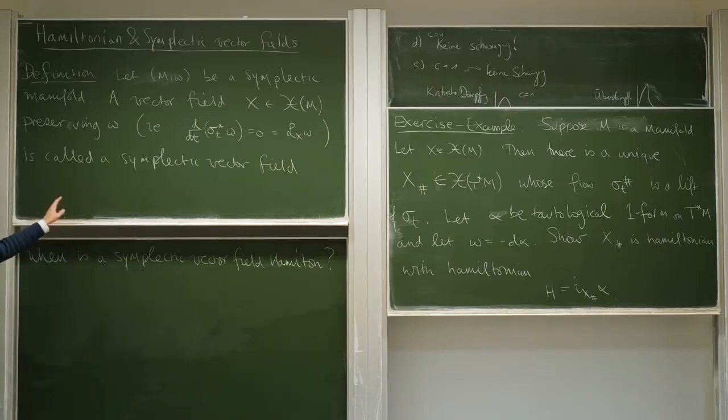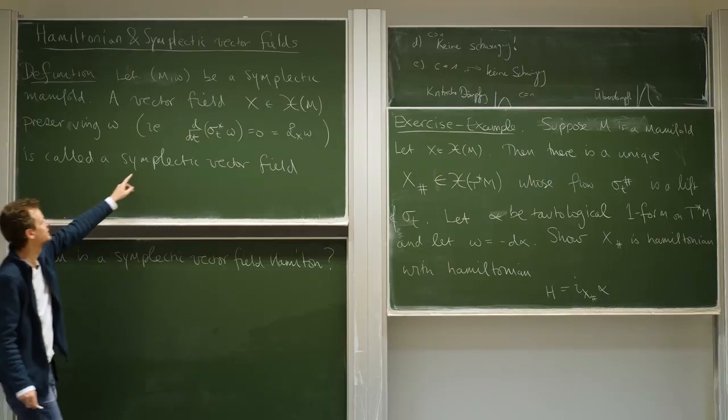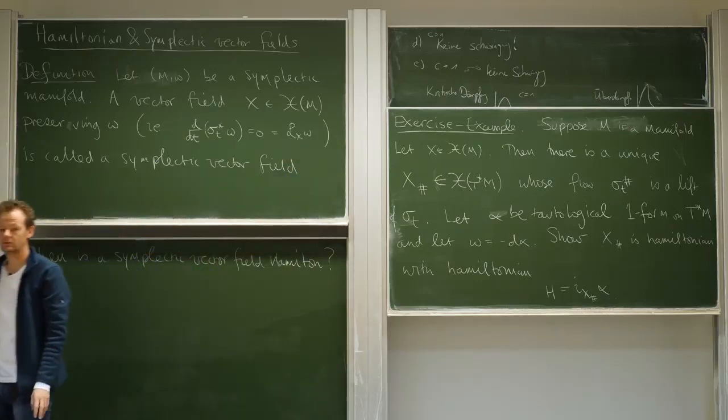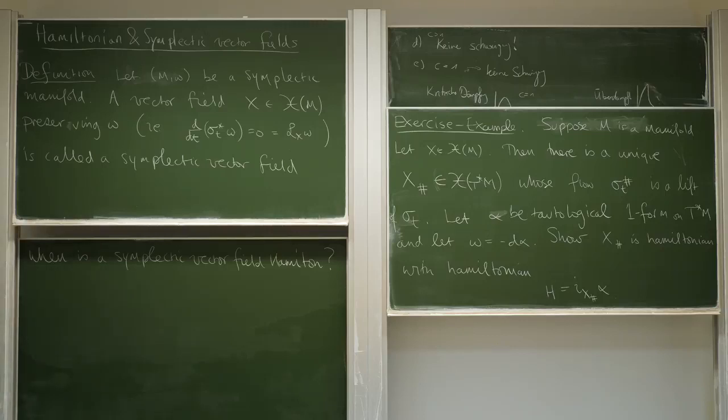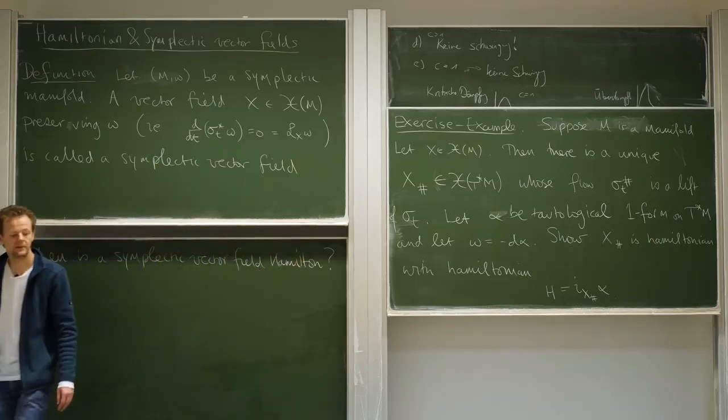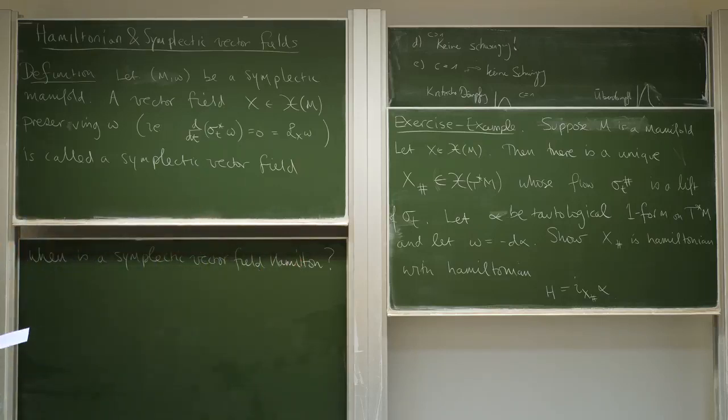It's obvious the other way around is clear, because the Lie derivative with respect to a Hamiltonian vector field is 0 of the symplectic 2 form. But maybe there's an if and only if here, maybe these two things are the same.